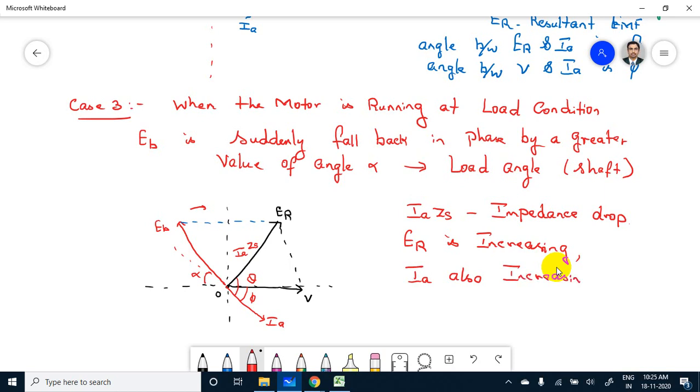Because of the increase in ER and IA, there will be a slight decrease in the power factor, that is cos phi.